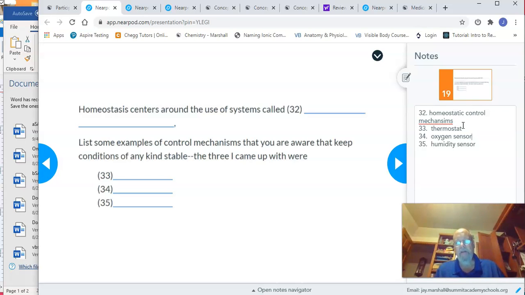Okay, so not only do they have sensors, but they also have mechanisms that if the oxygen levels or the humidity levels change, they'll try to cause something to happen to make those levels get back to normal. Okay, so these are examples of things like this that we've built in the world around us that aren't part of our body.